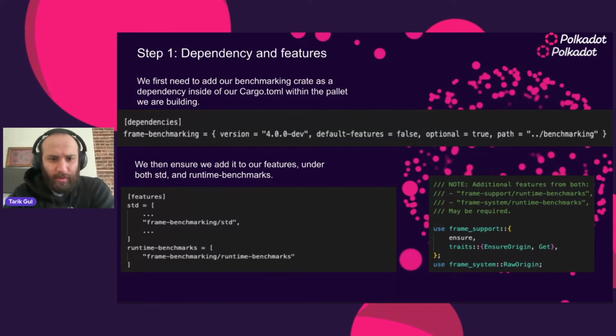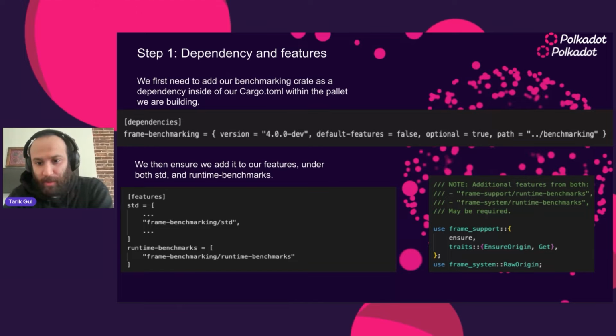Within the Cargo.toml of the root directory for your pallet, you're going to have to add frame-benchmarking to the dependencies. Inside of your features, you're going to have to add, inside of your std feature, frame-benchmarking/std, and add a runtime-benchmarks feature.